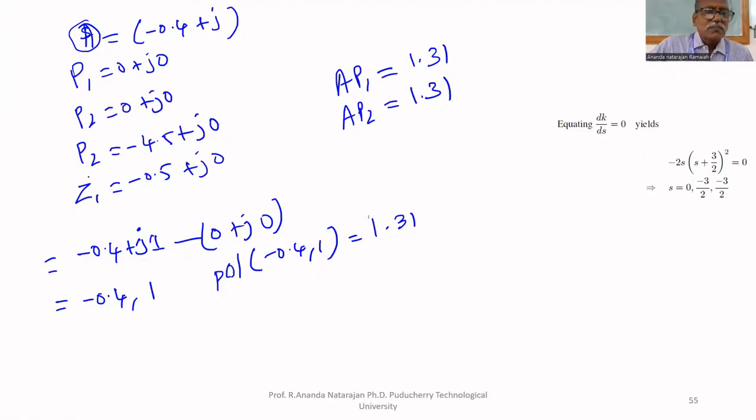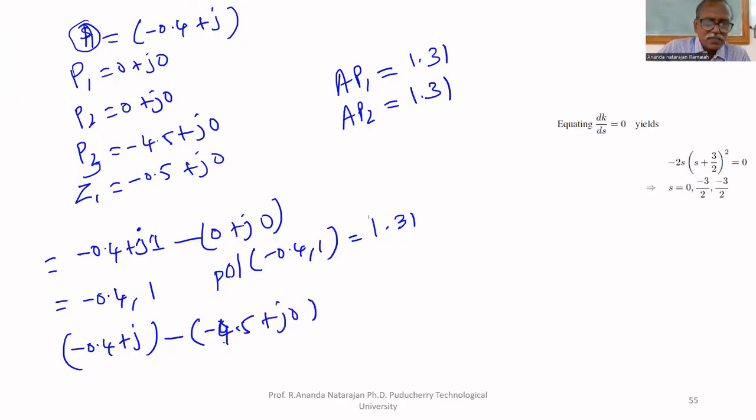AP3 equal to what? We have to subtract. The point is minus 0.4 plus J. From that, we subtract minus 4.5 plus J0. What will you get? Plus 4.1 plus J. Am I correct or not?